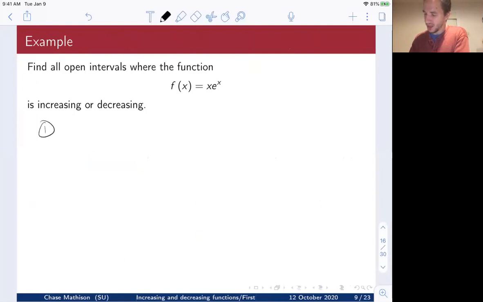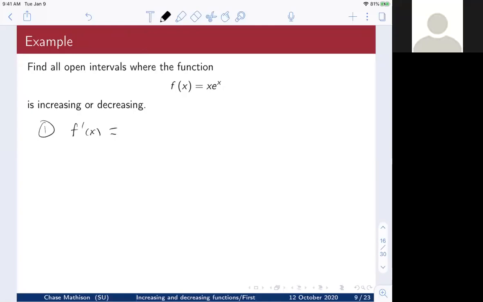To do that, I'm going to find f prime of x, the derivative of f with respect to x. f of x is x times e to the x. So how do I find that derivative? Product rule. Perfect. The product rule says I take the derivative of the first function.